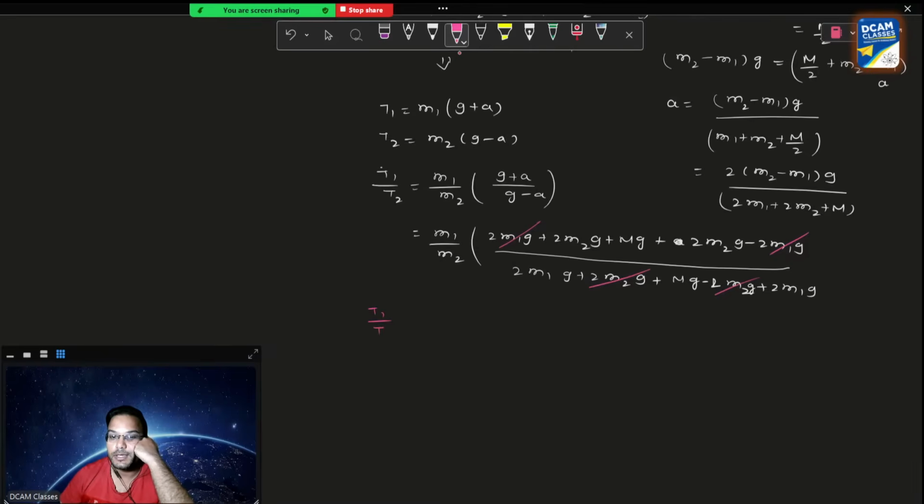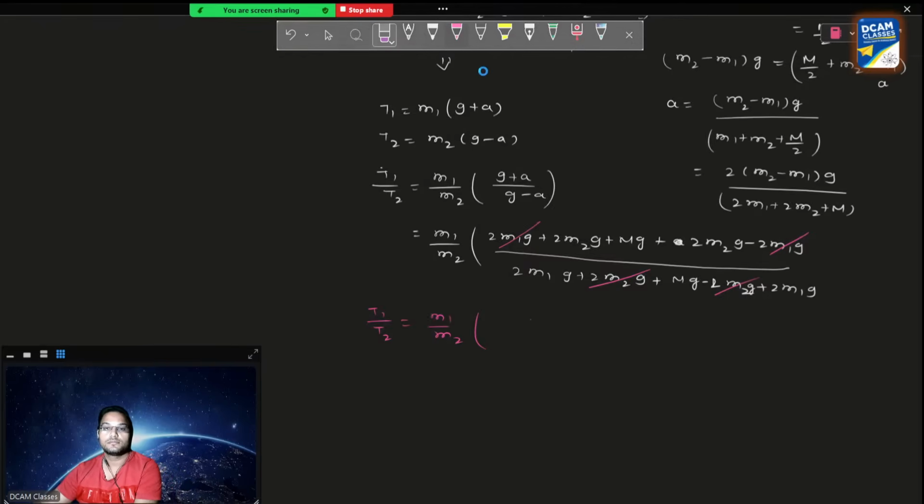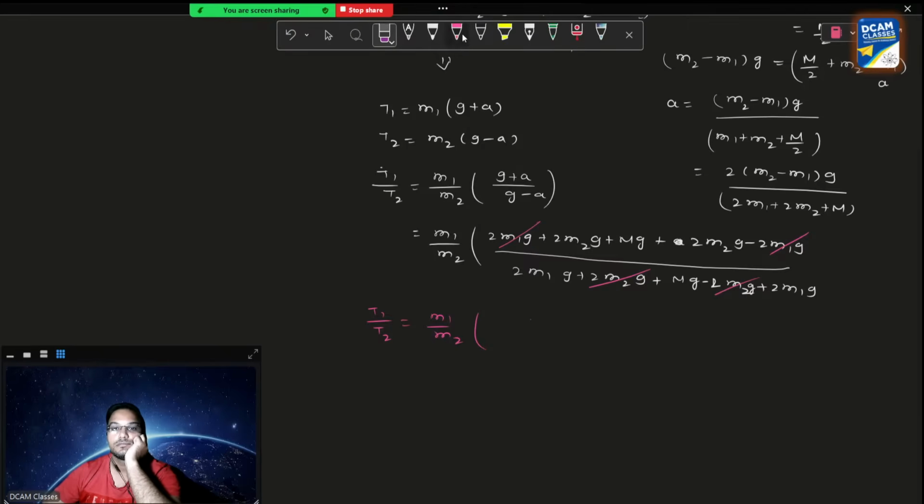So the value of T1 by T2 we are getting is m1 by m2 into (4m2 plus M) by (4m1 plus M).